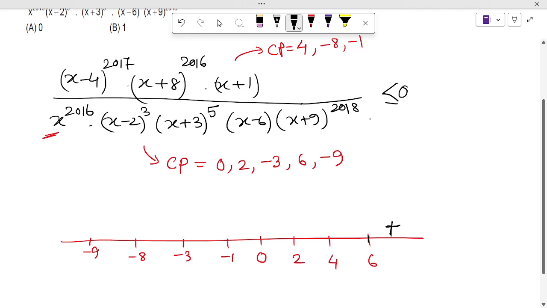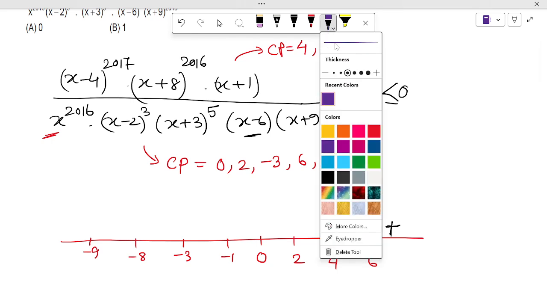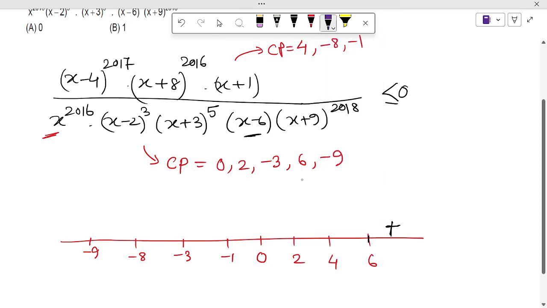One more thing: the roots that you got from the numerator, mark with a star sign. The roots x equal to 0, 2, minus 3, 6, and minus 9 are the ones we got from the denominator.